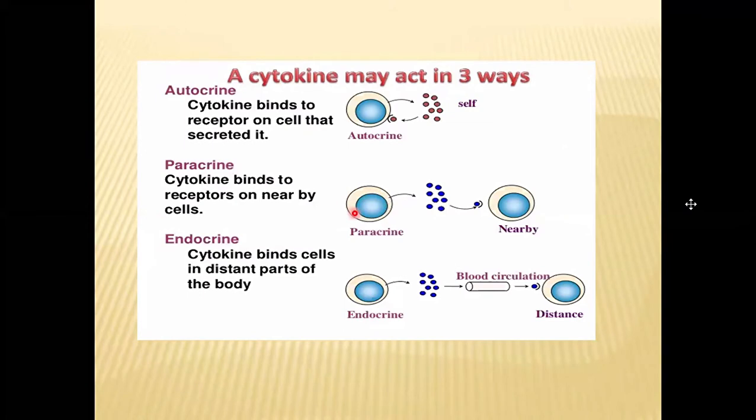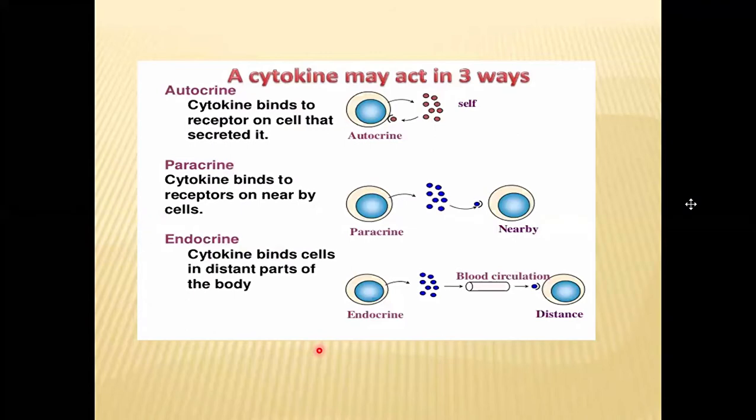So this is the cell that produces the cytokine, and it binds on a nearby cell. In endocrine, it binds to cells in a distant part of the body, so the cytokine is transported from the cell that produces it through blood circulation into other parts of the body. That's how the cytokine acts.